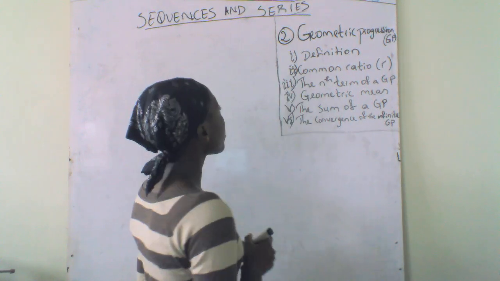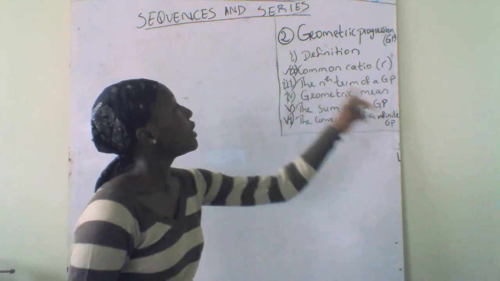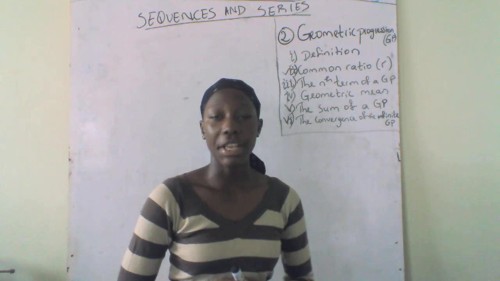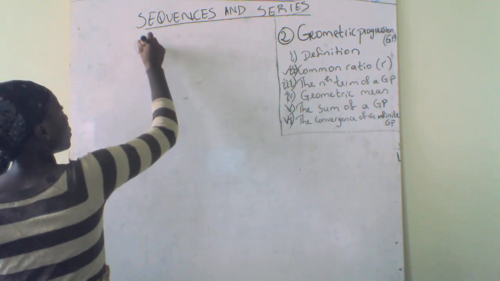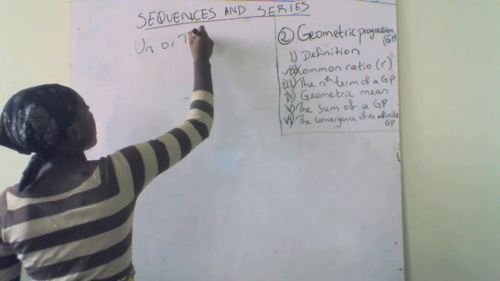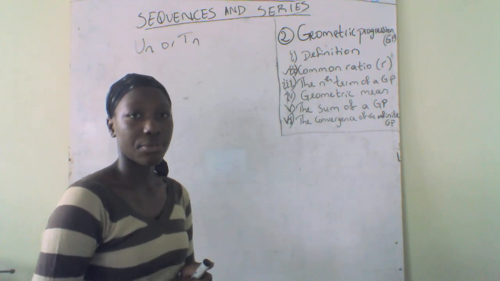So now that we know what a common ratio is, let's look at what we call the end term of a GP. The end term is usually denoted by Un or Tn, similar to the one in arithmetic progression.